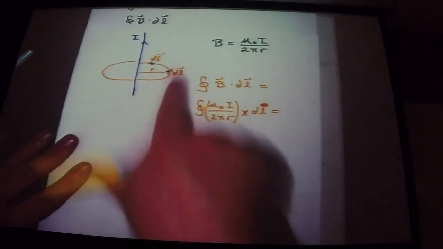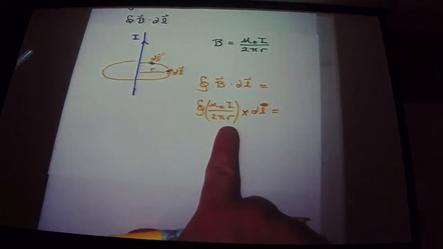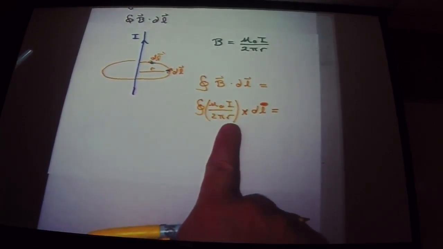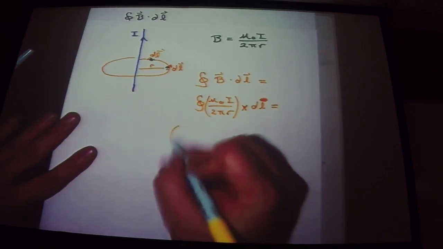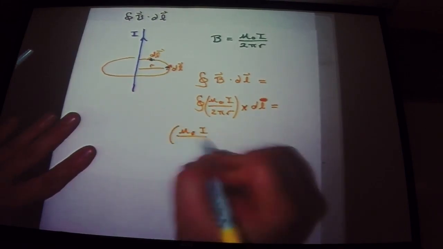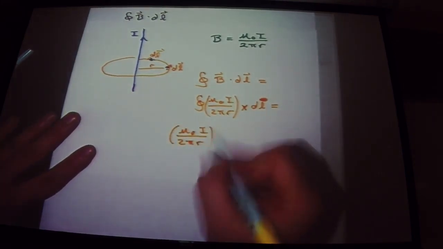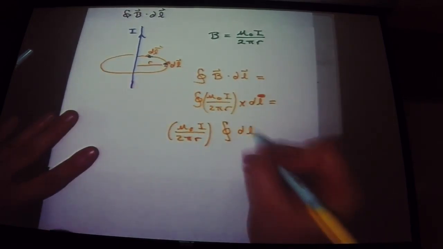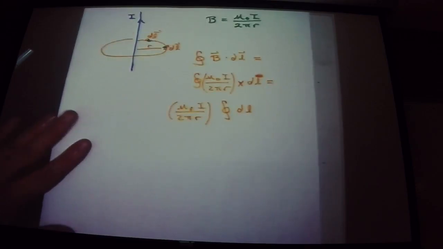The integral is over this path, and r is the same at every point on that path. So that can come out, and so can mu naught times I divided by 2 pi. All of that comes out of the integral. Now I just have an integral over the dl in that circle.